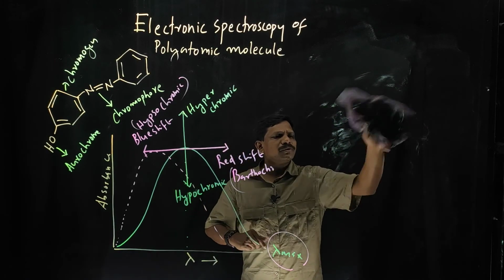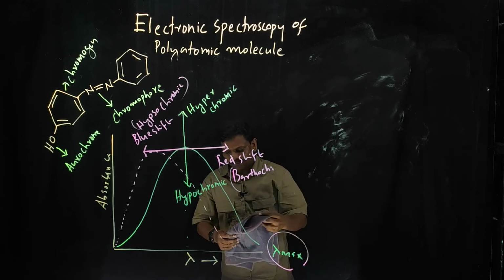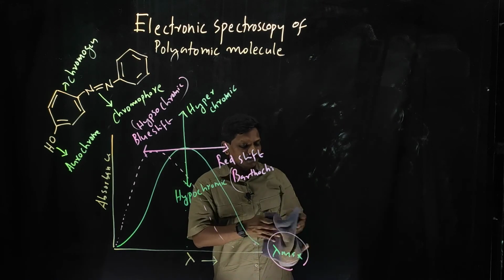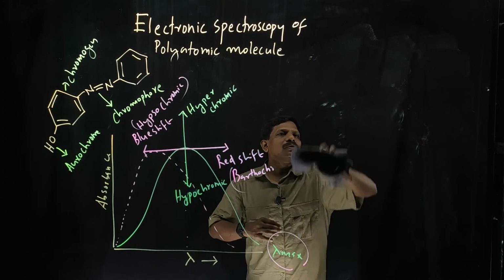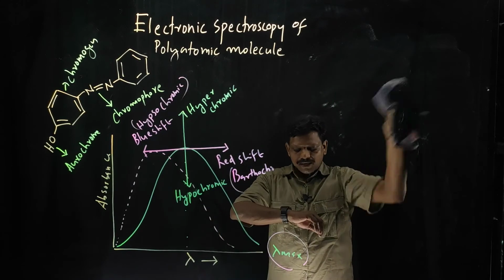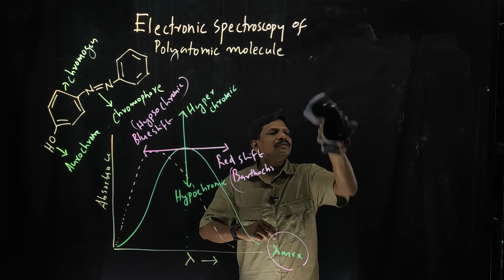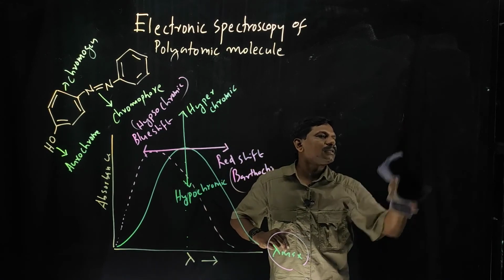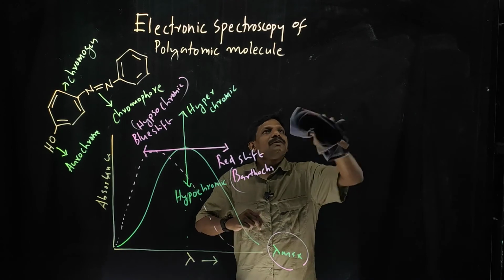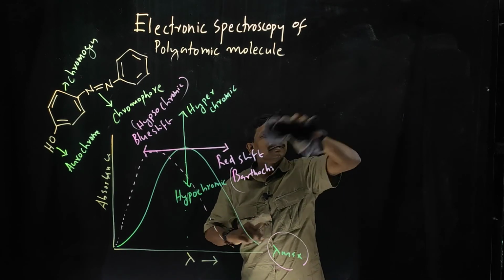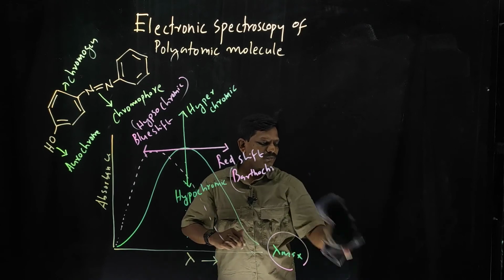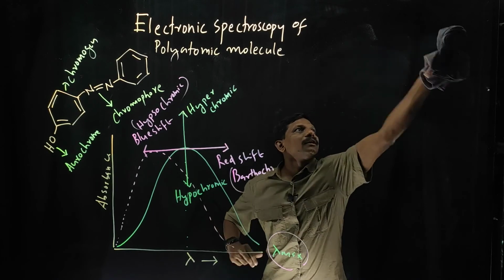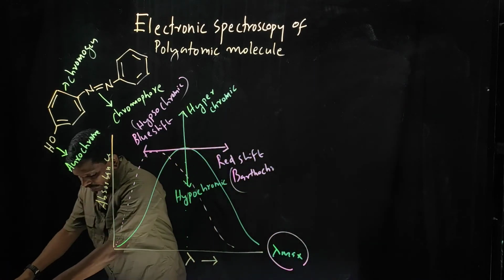Sometimes the solvents can also affect this system, and the shift will happen due to the effect of the solvent. That is also a very big subject, so you have to read a lot about the effect of solvents. I will tell you two or three examples related to the factors affecting the lambda maximum of a particular compound.